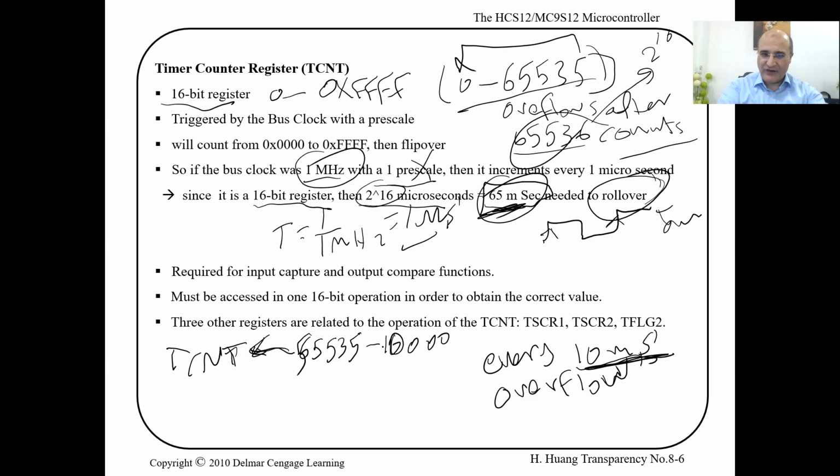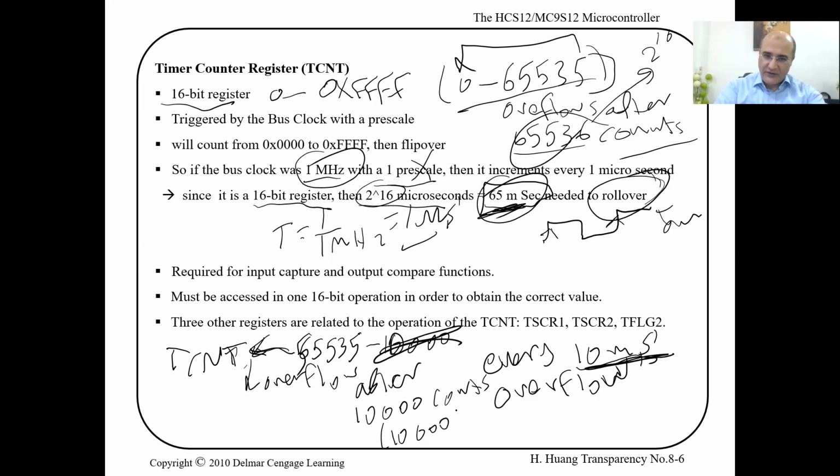And you write in it 55,535. So it will overflow after 10,000 counts, meaning 10,000 microseconds, which is 10 milliseconds.